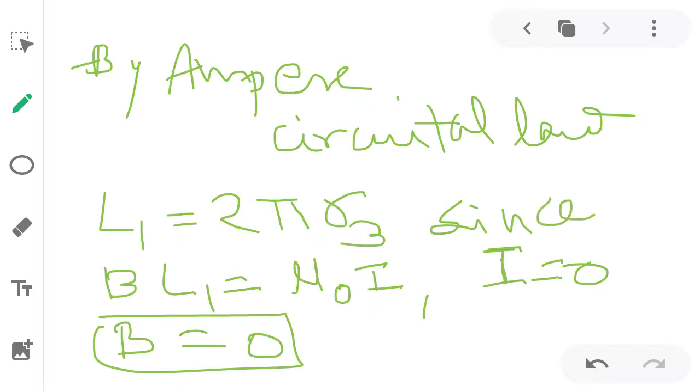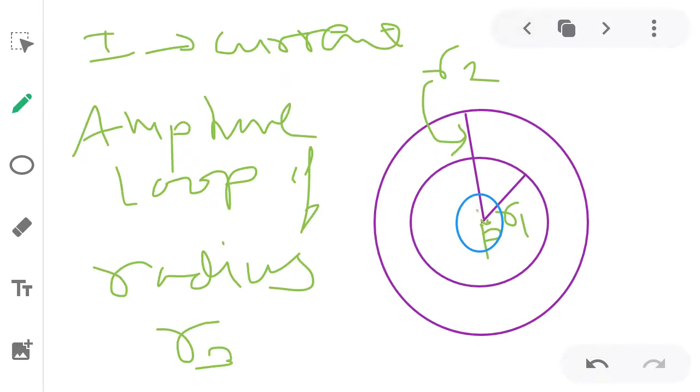Since current is 0 in that loop, which loop? This blue loop of radius R3.